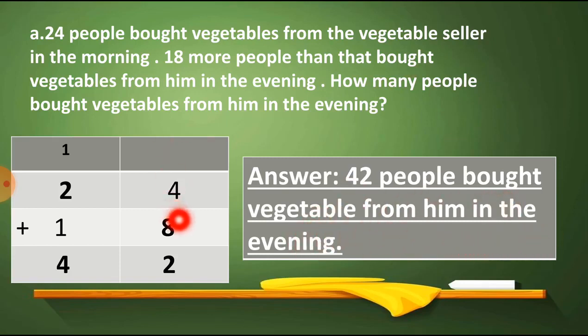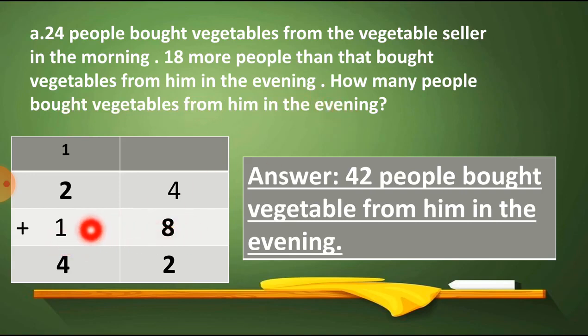I repeat this sum again so you will understand better. 24 people bought vegetables from the vegetable seller in the morning, so I write number 24 here. 18 more people than that bought vegetables from him in the evening, so here is the 18.